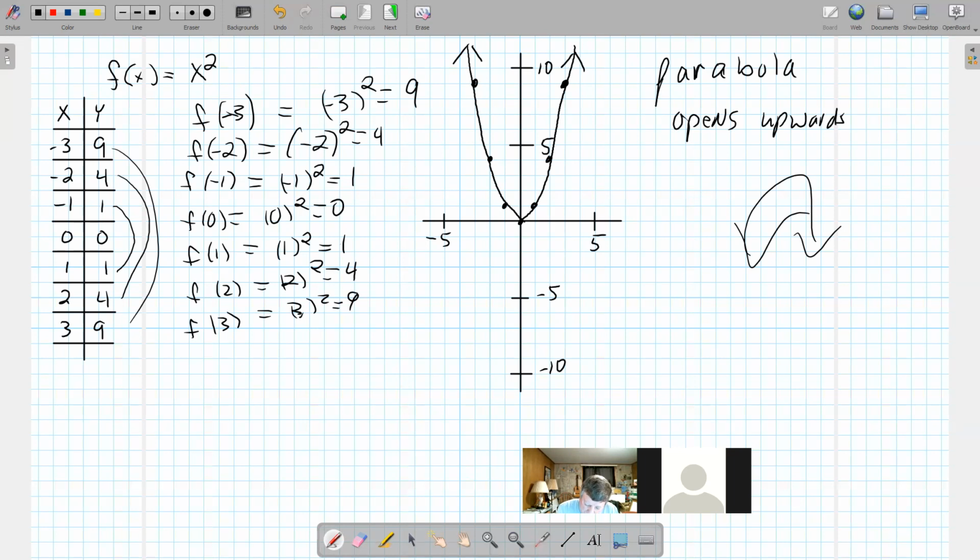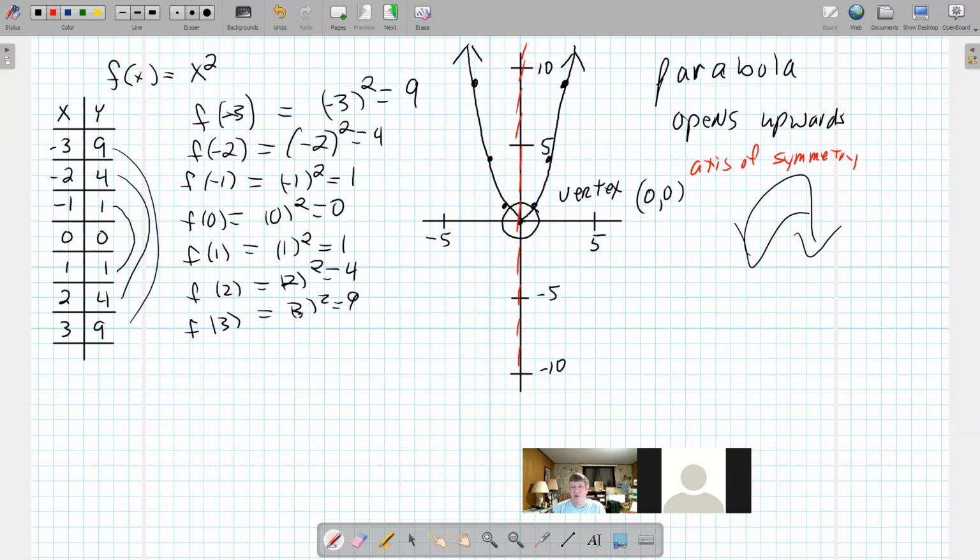All right. Now, some characteristics of this parabola. When it opens upwards, the lowest point is called the vertex of the parabola. For this particular parabola, the vertex is at the ordered pair 0, 0, or the origin. Also notice that this parabola has some symmetry involved. And let's switch to a different color now. Right here, the y-axis is called the axis of symmetry.